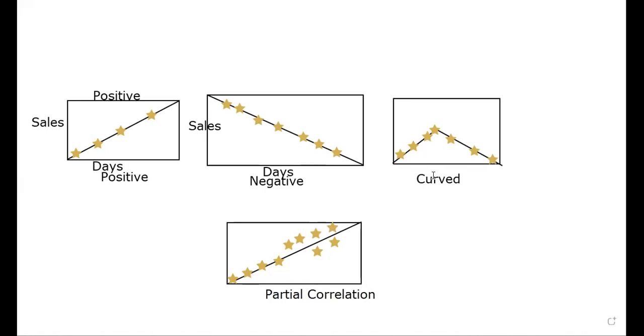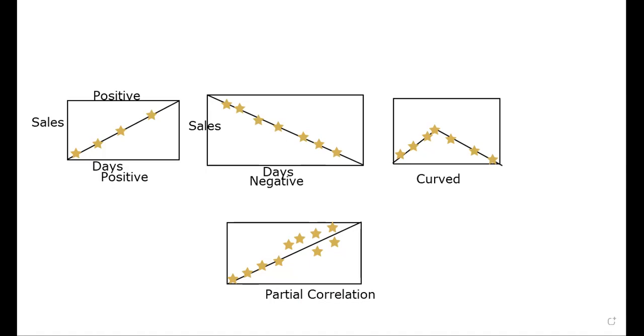It may be in table format or it may be in ratio. It may be positive, that means increasing, negative, decreasing. It may be curved, that means first increasing then decreasing, or first decreasing then increasing. It may be partial, that means we are showing some positive relation, then no relationship. After that it is increasing, then decreasing, then again increasing. It is partial. It may happen at the beginning, after that it may have a relationship. So these are four types of correlation that are shown in a scatter diagram.